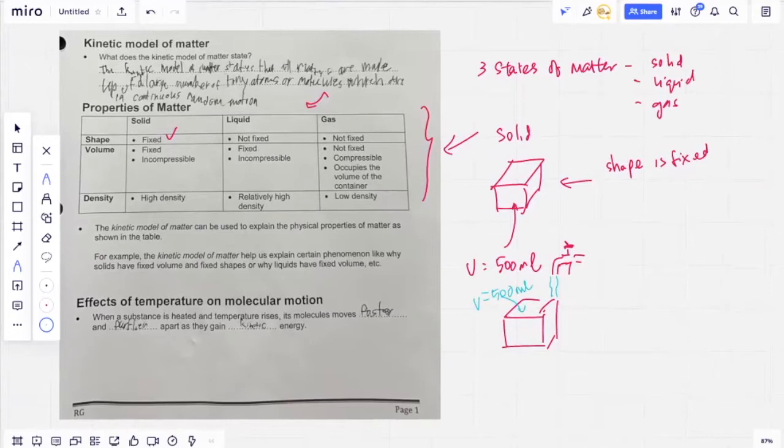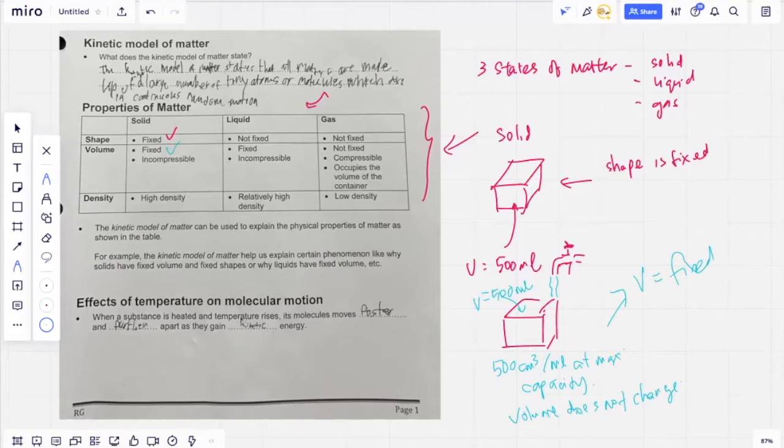Not a drop more, not a drop less. It is always 500 at maximum capacity. So the volume doesn't change. When the volume doesn't change, that means the volume is fixed.